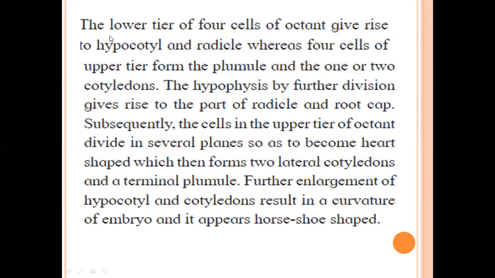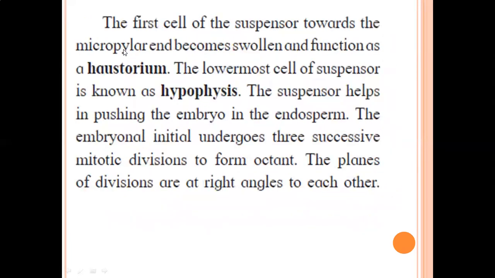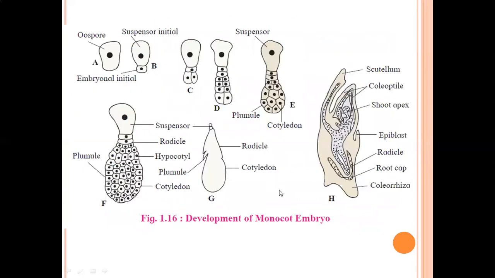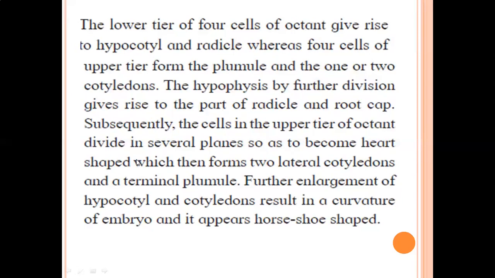Now, the lower tier of 4 cells of octant gives rise to the hypocotyl. Okay, this point. The hypophysis, the lower tier of 4 cells of octant gives rise to the hypocotyl and radicle, whereas 4 cells of upper tier form the plumule and 1 or 2 cotyledons.